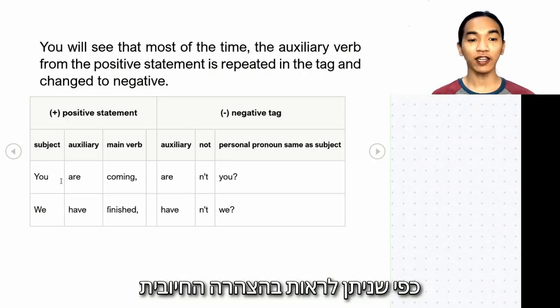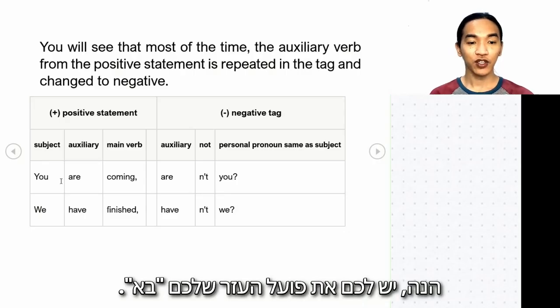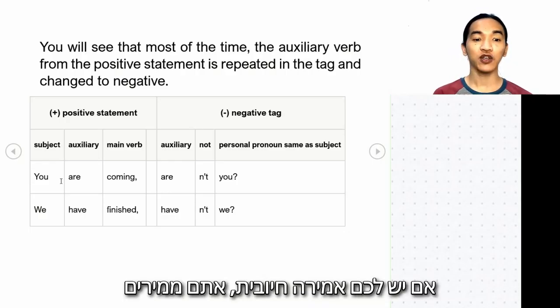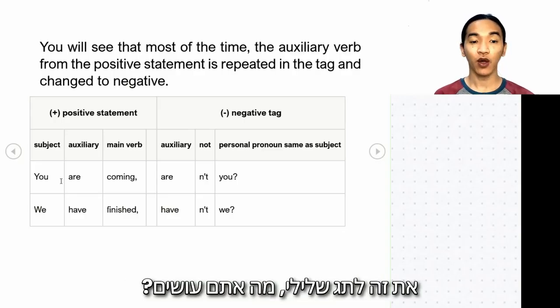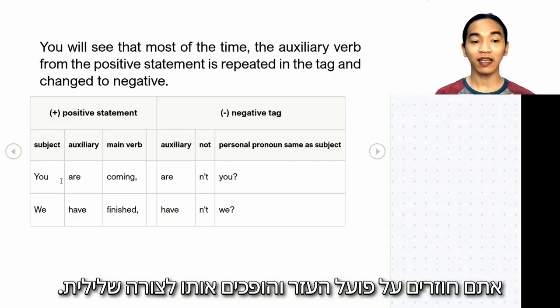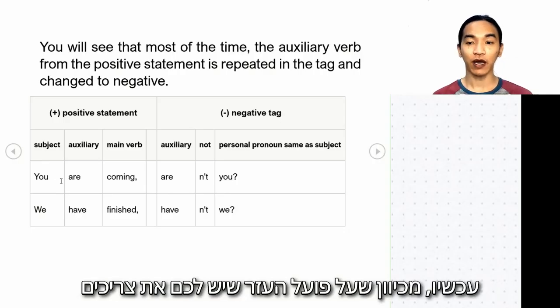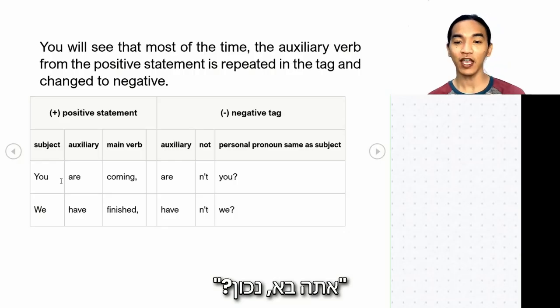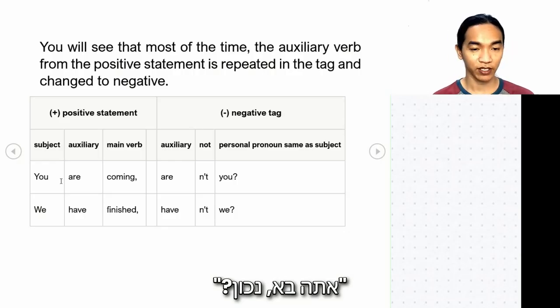As you can see on the positive statement here, you have your auxiliary verb are. Now, what is the rule? If you have a positive statement, you convert it into a negative tag. What do you do? You repeat the auxiliary verb and make it negative. Since on the auxiliary part you have are, you use aren't. You are coming, aren't you?